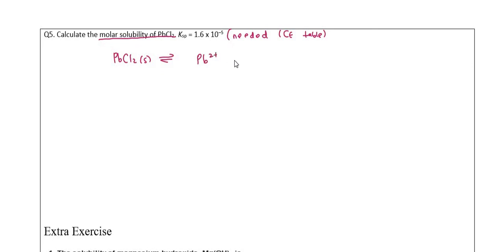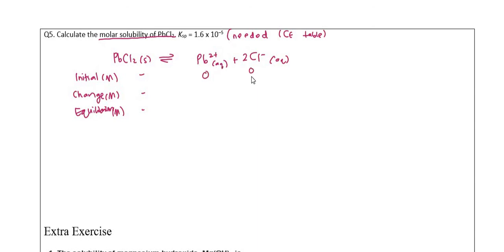Pb2 plus and Cl minus, balance the stoichiometry, 2 here. Initial, change, and equilibrium. All the unit in the I stable is molar. Solid is not involved in your I stable.